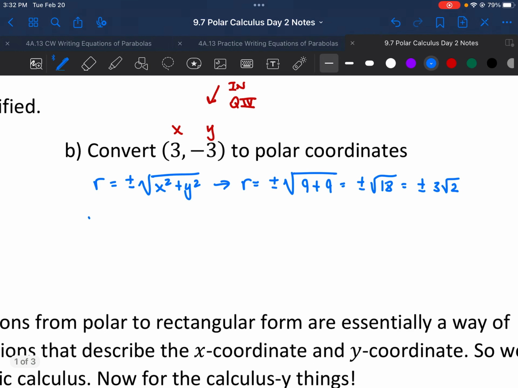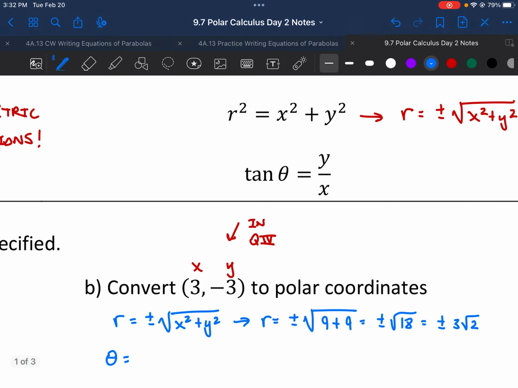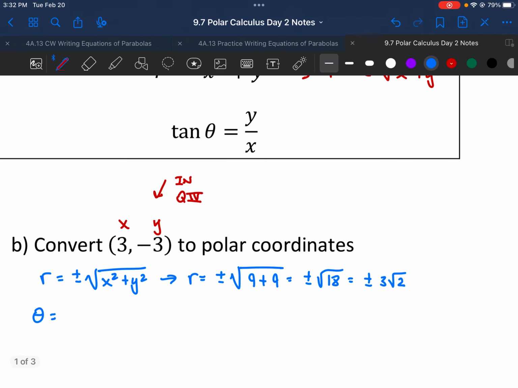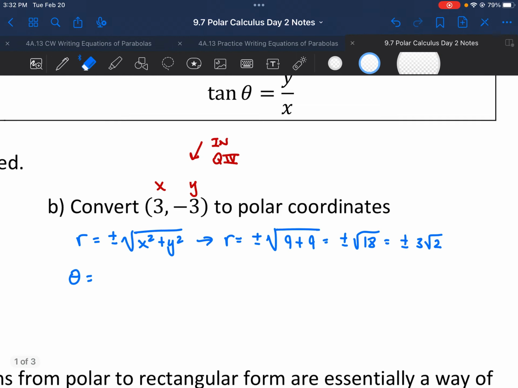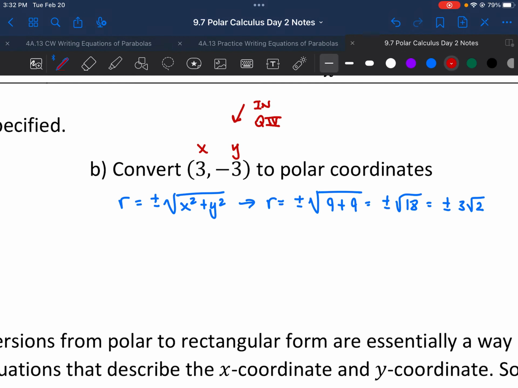Our theta, which is equal to, so up here we have tangent of theta equals y over x. Let's just use that one. Tangent of theta equals y over x. So tangent of theta equals, our y is negative 3, our x is 3, so that's equal to negative 1.